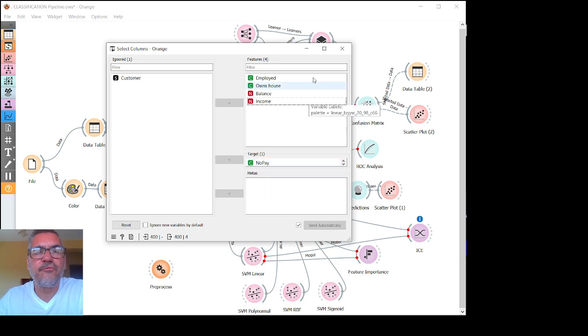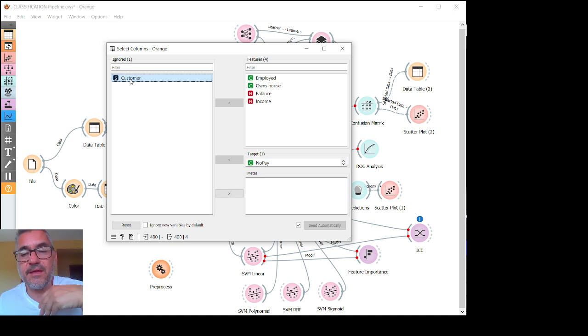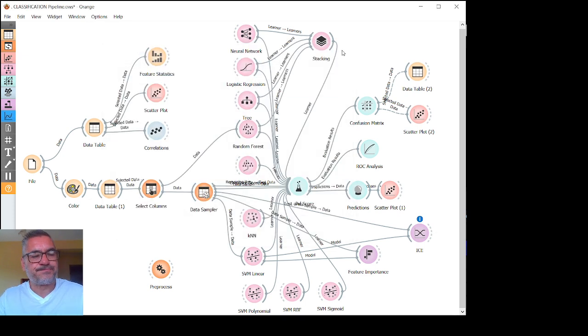All these variables that are left here in this window are the features that we are going to use. In other words, these are our independent variables. And in this area here, I have the columns from Excel that are going to be ignored, as you can see here. We are going to ignore this because this is just text, and it is the customer number that plays no role in forecasting whether the customer is going to pay their credit card or not.